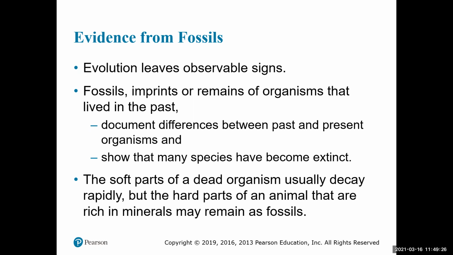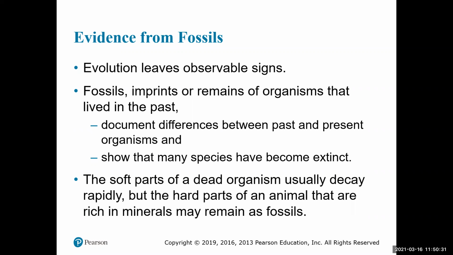Now, with fossils, the soft parts usually decay away. Because these soft parts decay, generally we don't find the soft parts of the organisms as remains or part of the fossilization process. It's usually the hard parts that we find because those hard parts are rich in minerals that can be fossilized and undergo that fossilization process.